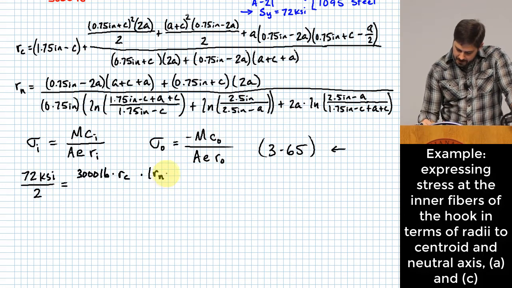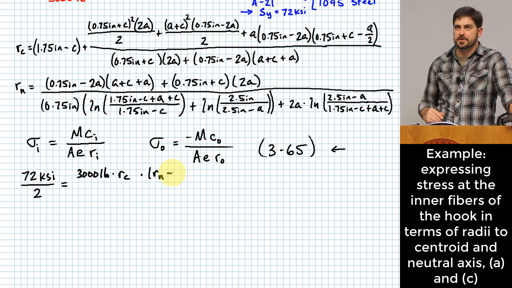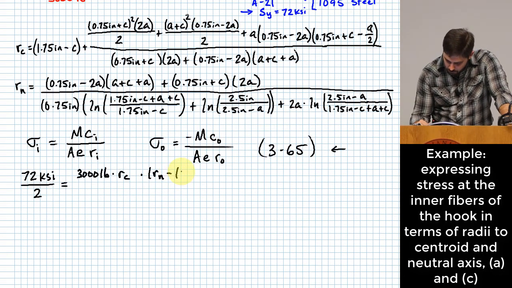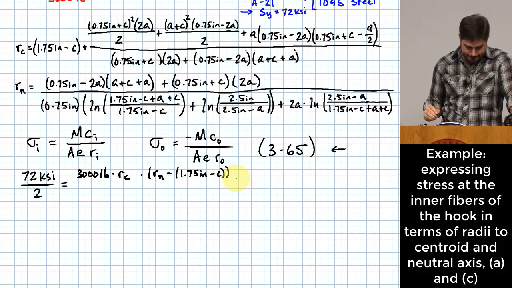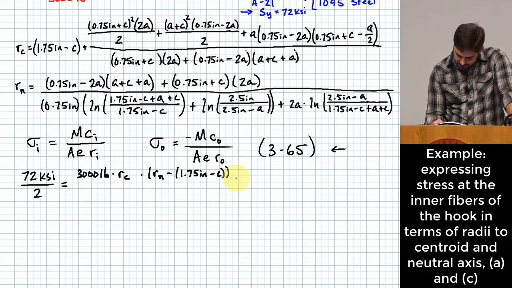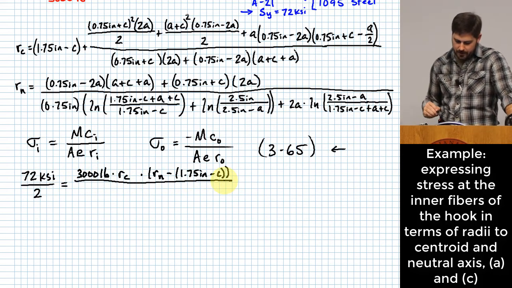So we have R sub n minus what? R sub I. But R sub I we can express in terms of a couple of other values, right? 1.75 minus C.